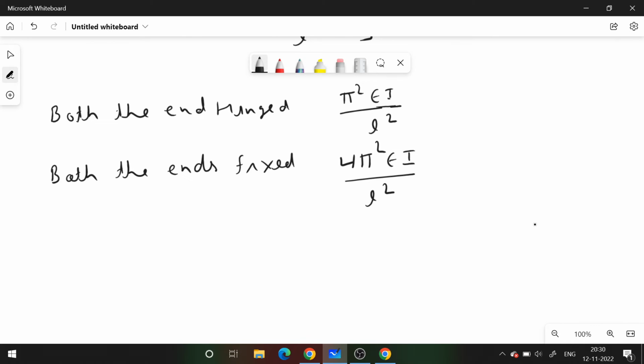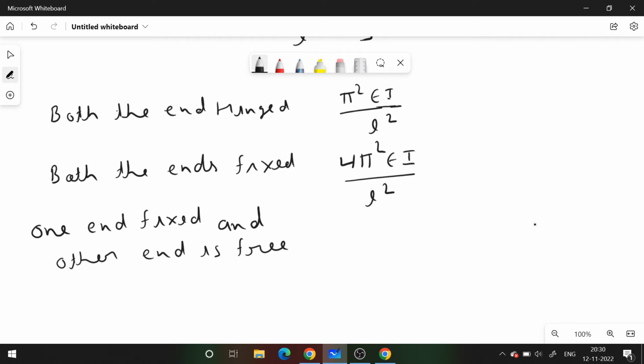And when one end is fixed and the other end is free, in that case the buckling load will be equal to pi square EI upon 4 L square.